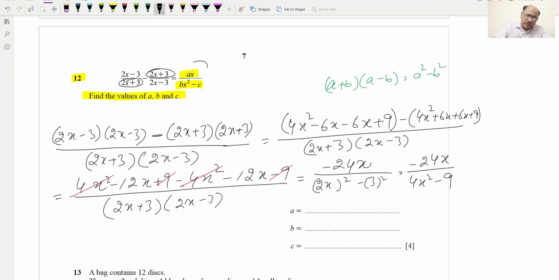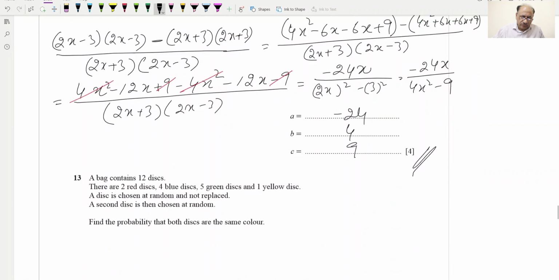Now we can compare with this given equation. So a value is minus 24, b value is the coefficient of x squared, which is 4, and c value is basically 9, and this was a 4-mark question which we are done.